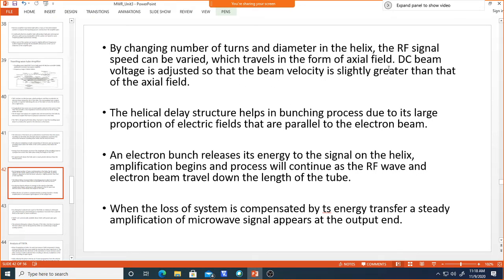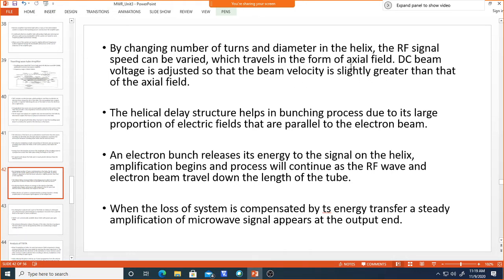So when we change both the DC beam voltage, which changes the DC beam velocity, and the wave velocity, we can get the maximum bunching process whenever we need it.